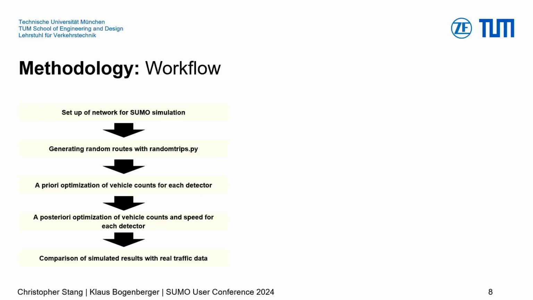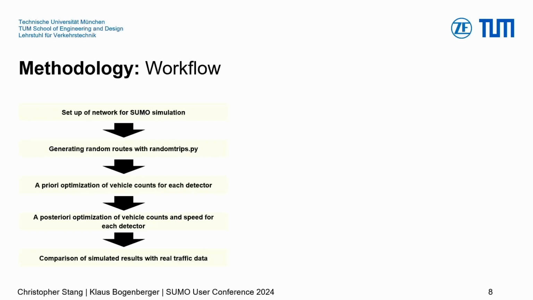Then if you have no idea about the real trajectories, the best idea is to generate some random trips, and you can do this with randomTrips, of course. The next step would be the a priori optimization of the vehicle count measurements, followed by the a posteriori optimization of counts again, but especially for the speed data.